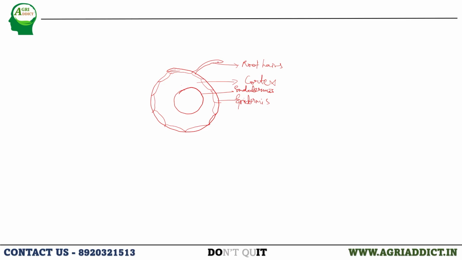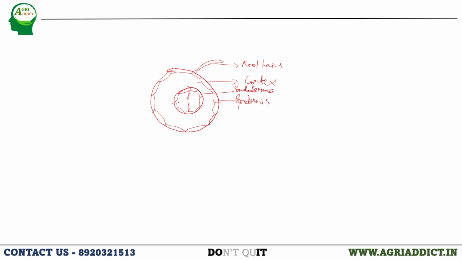The first outer layer will be root hairs, then epidermis, next will be cortex, and next will be endodermis. After endodermis, there will be the pericycle. Inside the endodermis, you can see xylem vessels.